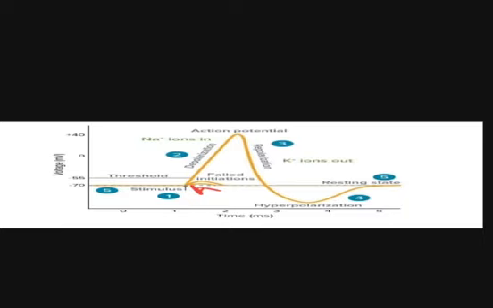Say for this cell, the threshold is negative 55. As sodium enters a certain cell, let's give an example of a neuron cell, the cell will become more positive. We should know that a cell always has a negative charge. The cell becomes more positive from its resting membrane potential, which is negative 70.